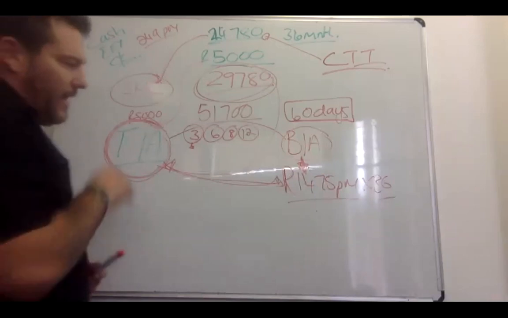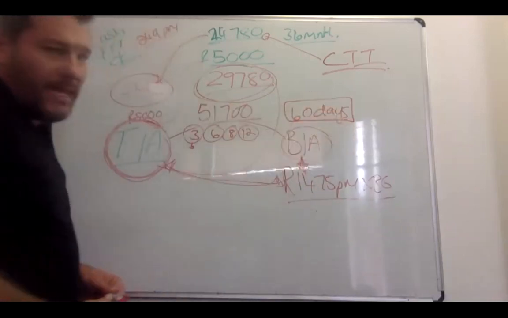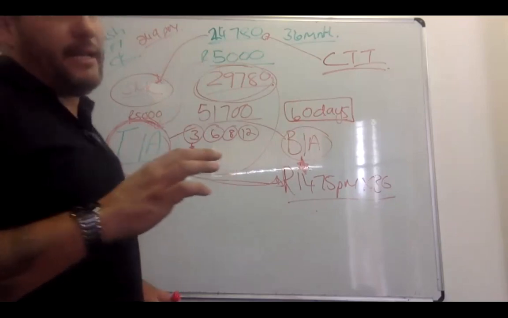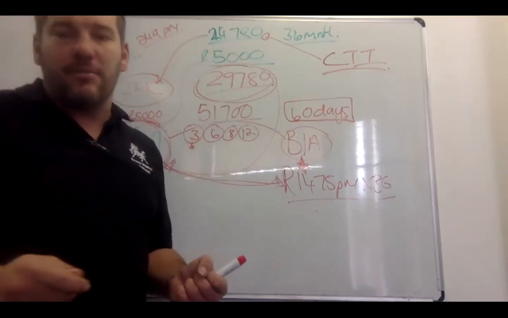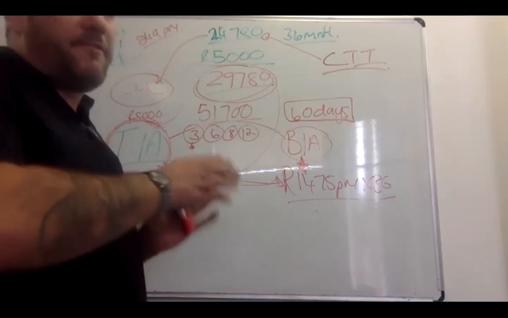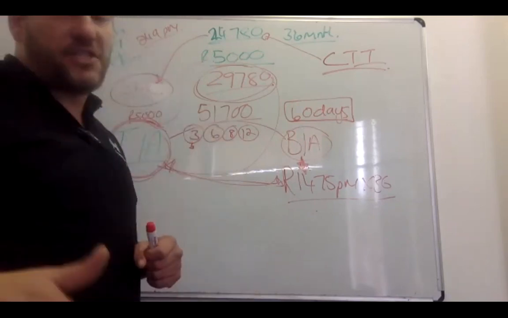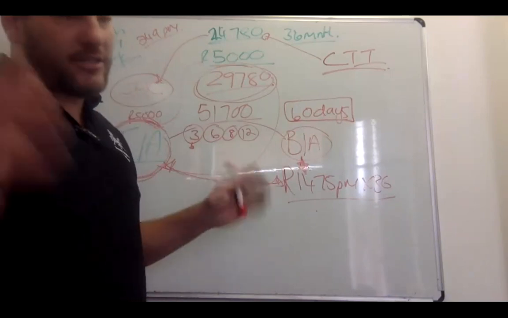Now, the client's got 2 months to start making money. If he uses the 5,000 rand, and he attends the classes and he does the trades that we give him, he should have anything from 10,000 to 20,000 before the first installment goes off. Let's say 10,000.